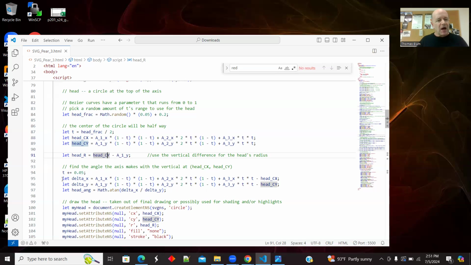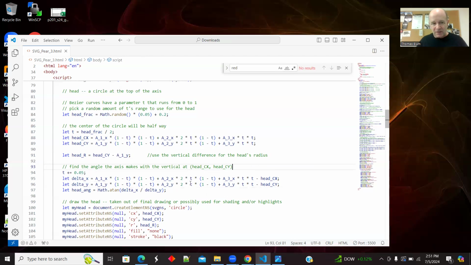Okay. And I wanted to also find the angle that the axis is making with the vertical. So I had a t, and I changed it by a little bit. I just chose randomly 0.05 and got a new delta x and delta y. I stuck it into the formula again.